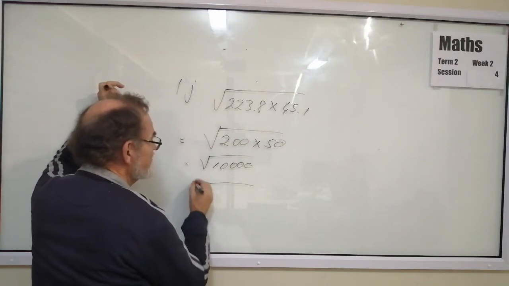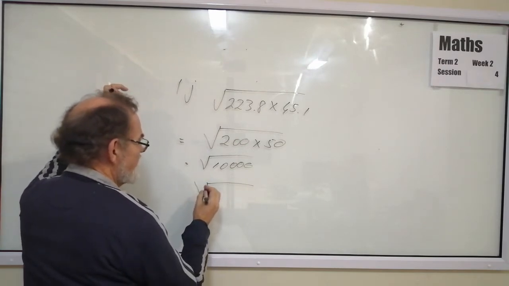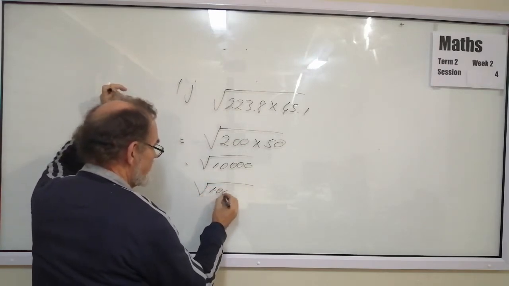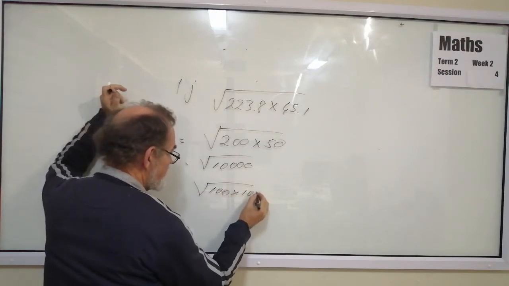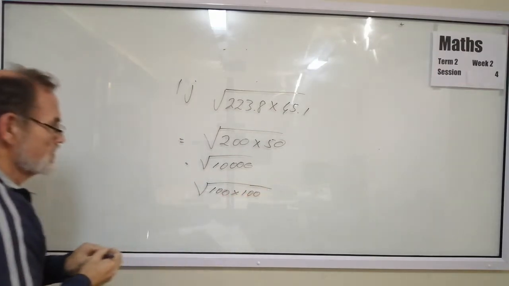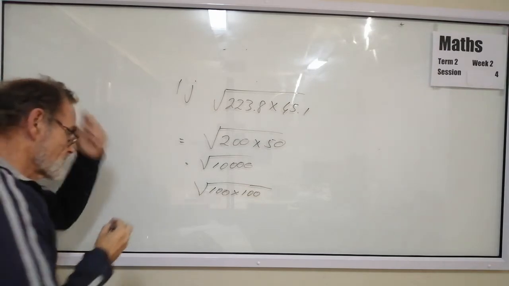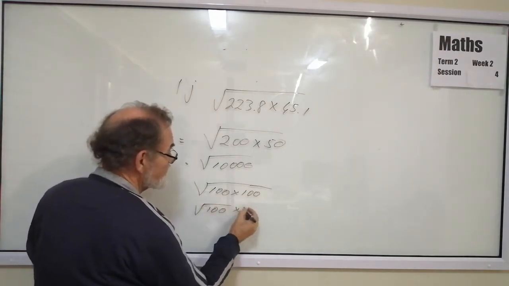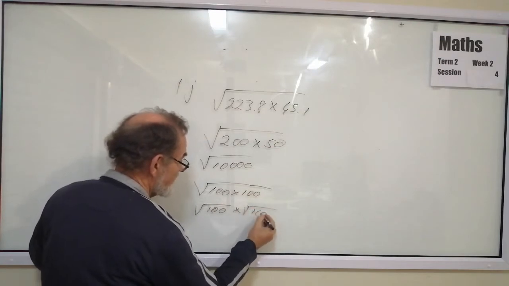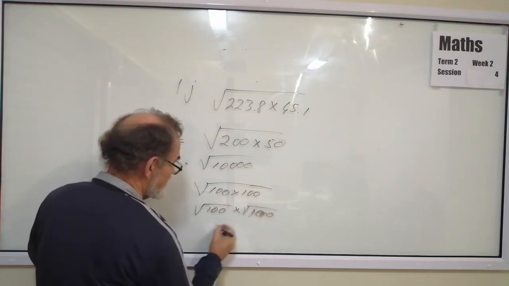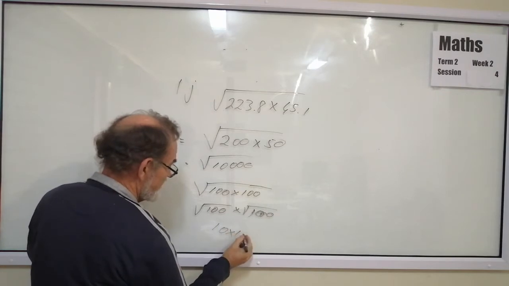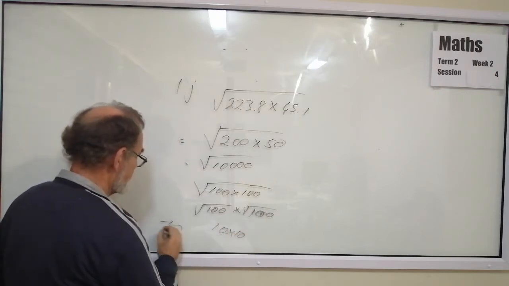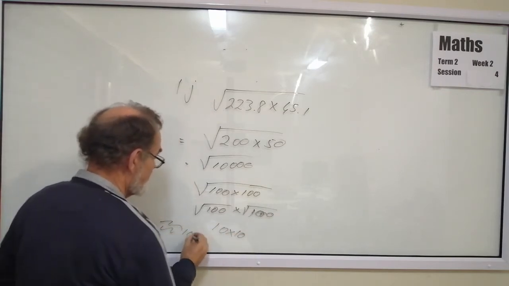We can say 10,000 is 100 times 100. That means this is the square root of 100 times the square root of 100, so that is 10 times 10. So the answer is approximately 100.